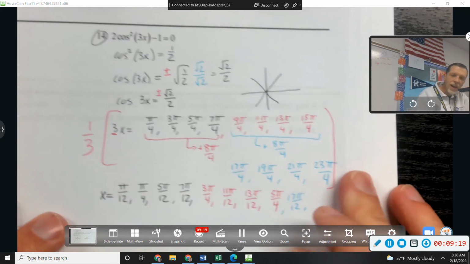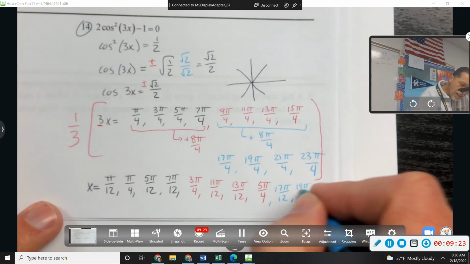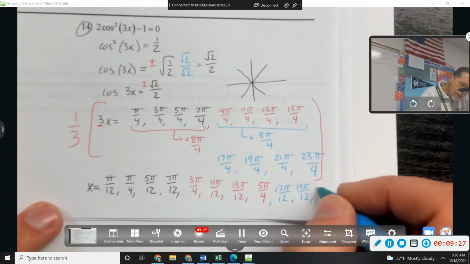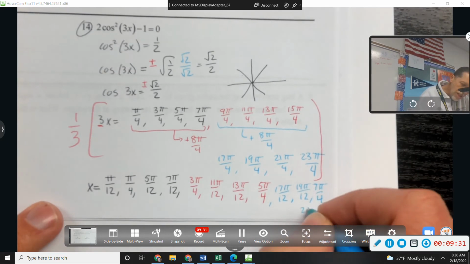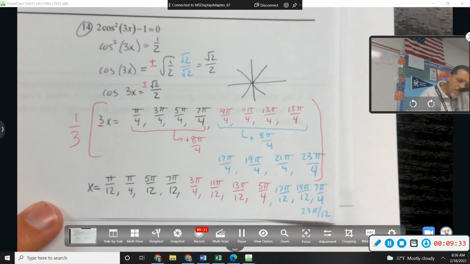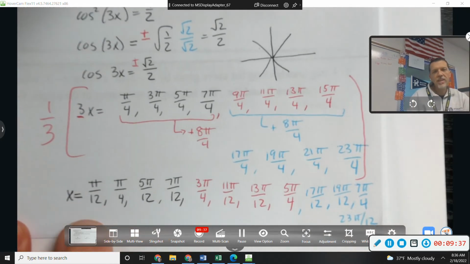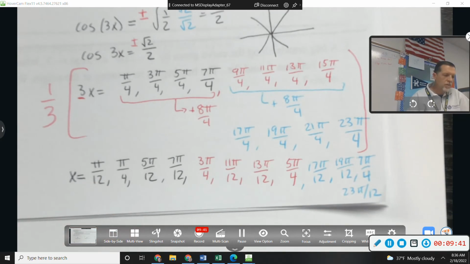It's a lot of pi's and I'm going to run out of room. I'll just take my 11 pi and just write pi where I would have the 11. So just do it like that. I didn't run out of room. Planned it perfect. 12 glorious answers.